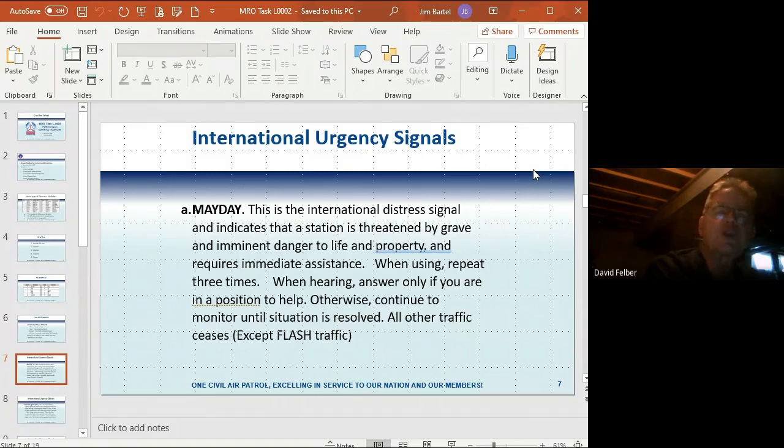Any type of emergency procedures, of course, should be covered in the initial mission briefing and follow those procedures. Questions?